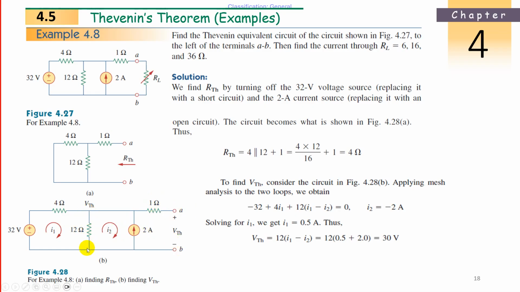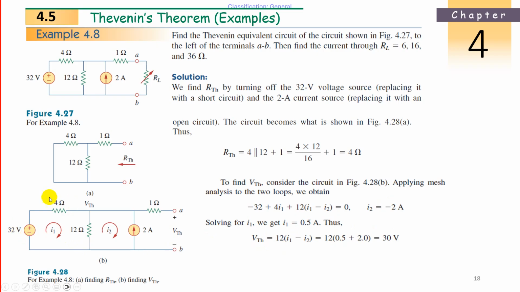So this parallel branch voltage is nothing but V Thevenin. V Thevenin is equal to resistance multiplied by current, so 12 multiplied by (I1 minus I2). I1 minus I2 is 0.5 minus minus 2, that is 2.5, into 12, that is 30 volts.